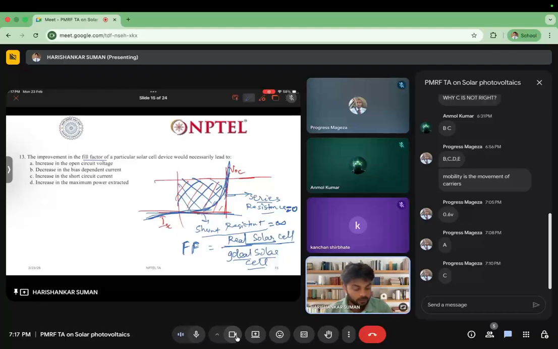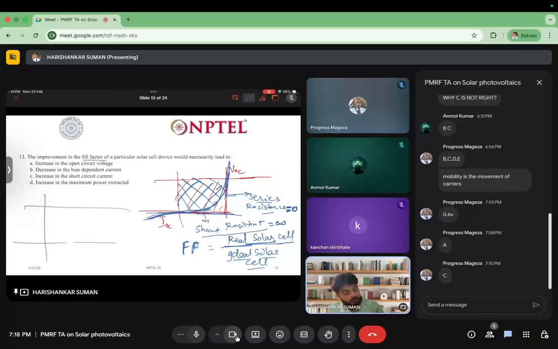The options: the improvement in the fill factor means increase in the open circuit voltage, decrease in the bias dependent current, increase in the short circuit current, increase in the maximum power extracted. Yes, please.